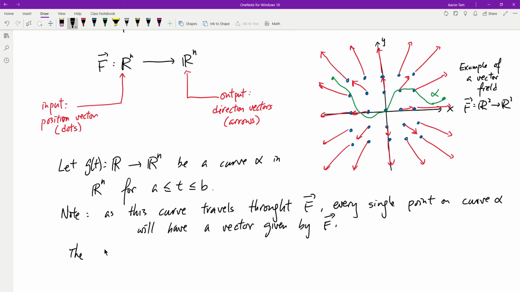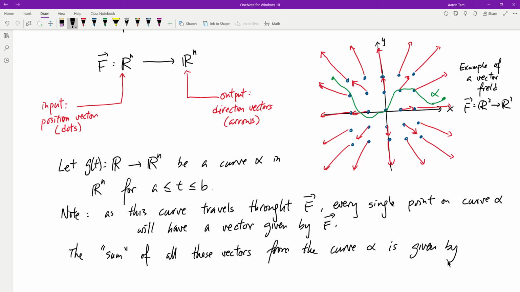So in this case, I'm going to loosely use the word sum. The sum of all these vectors from the curve alpha is given by what we call a line integral.